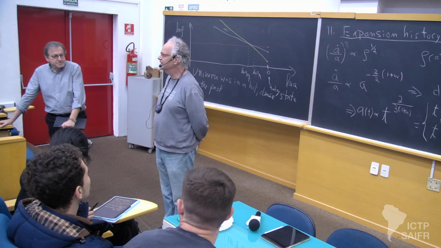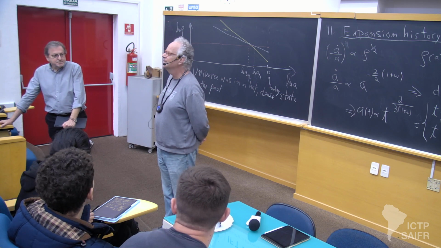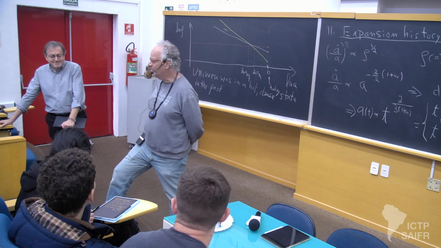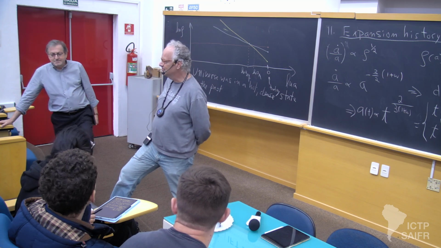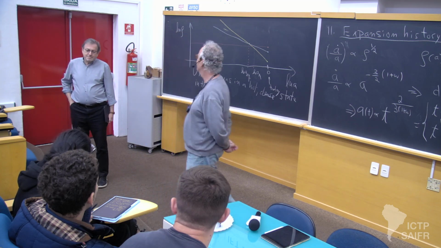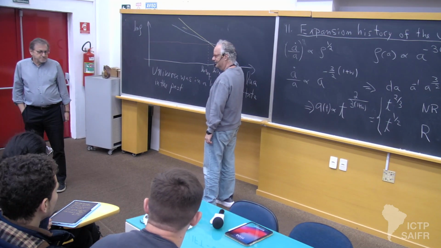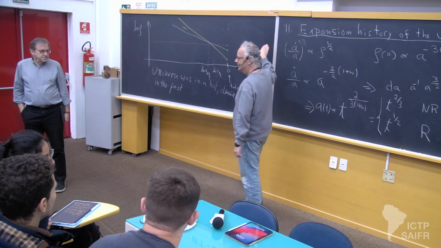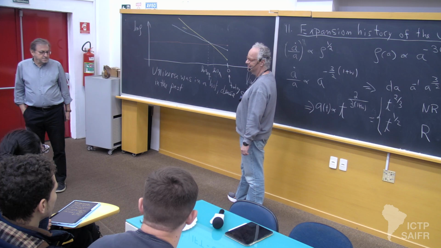So the question is, how do we know up to when? This question requires you to know the model that describes the universe. If the model is based on a cosmological constant, this is going to go forever, and the universe will always be accelerating.